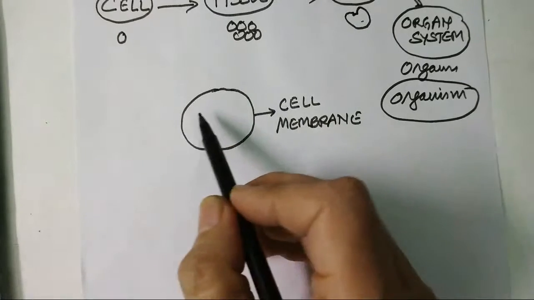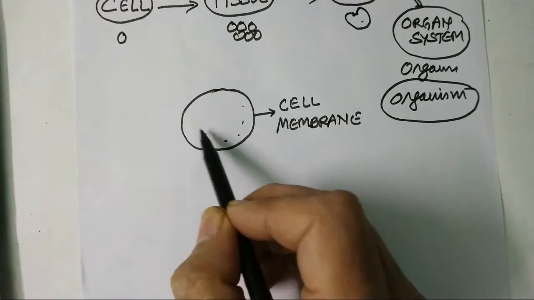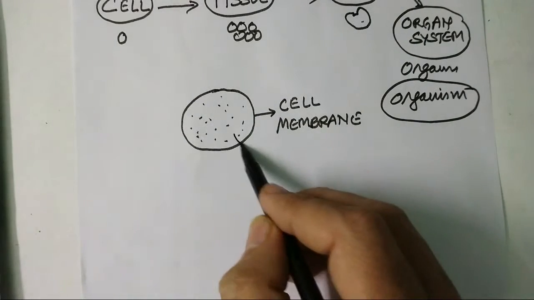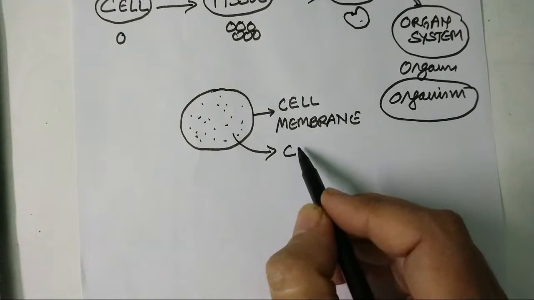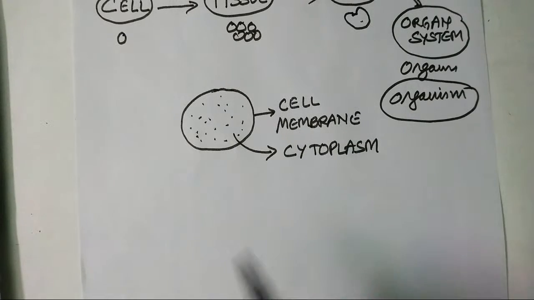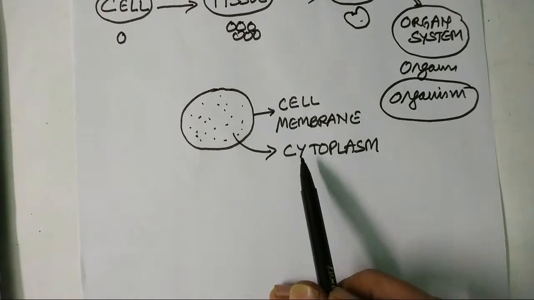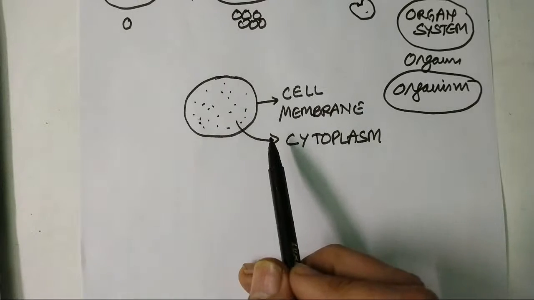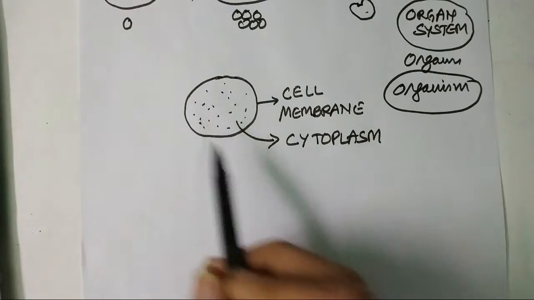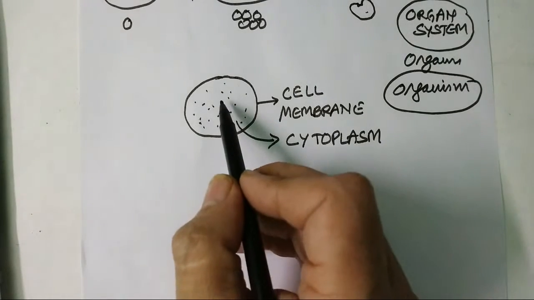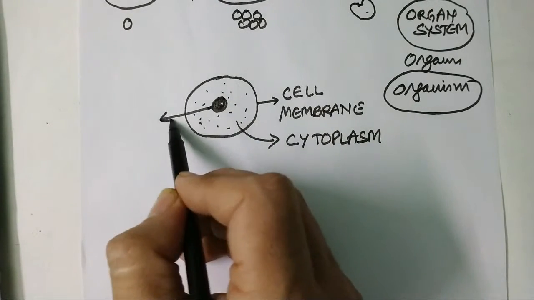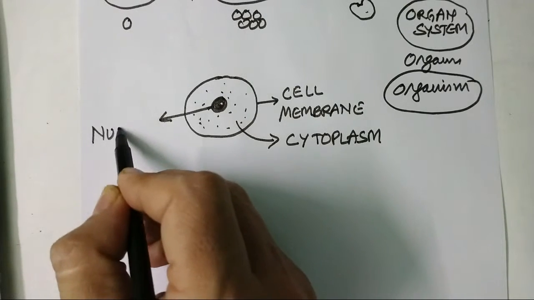Inside the cell membrane, there is a substance in a semi-liquid or jelly form. This is called the cytoplasm. So that is the first component, and the second component, cytoplasm, is the next part of the cell, a jelly-like substance present inside. Then the third main component of the cell is the center portion of the cell, which is important, and it is called the nucleus.